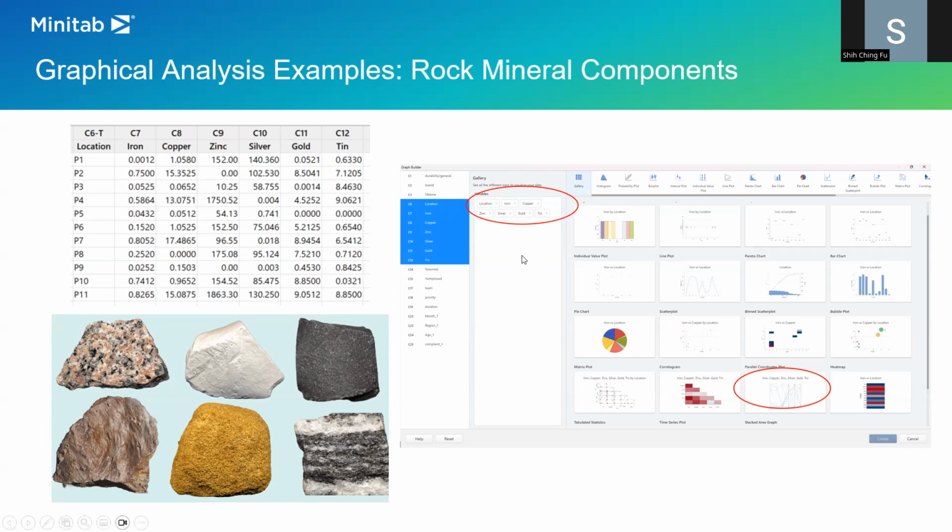Same thing, we just drag and drop those variables into the box. Then JMP gives you all the possible ways. You may plot a time series plot, you may have a bar chart, you may have a bubble plot, options as well. So this time I choose what we call a parallel coordinate graph.